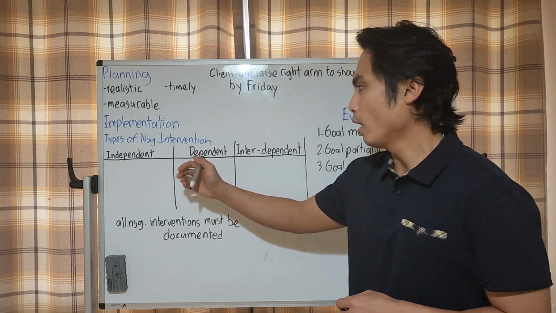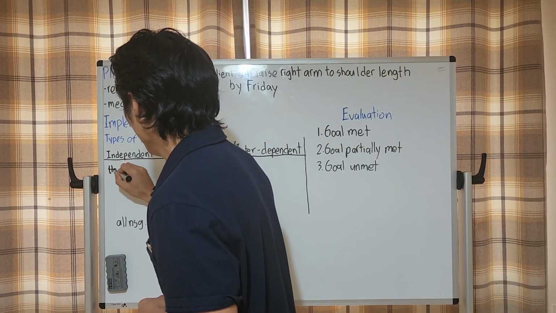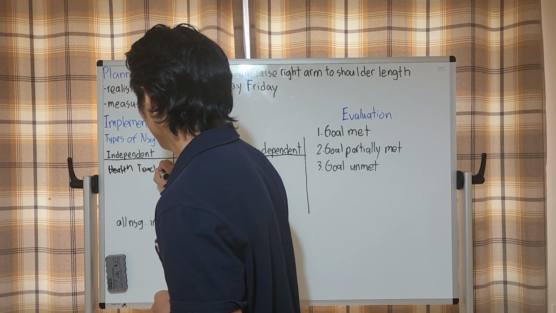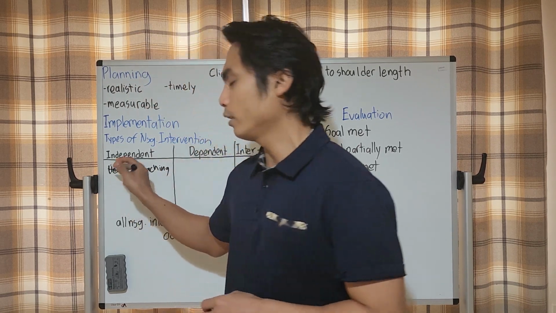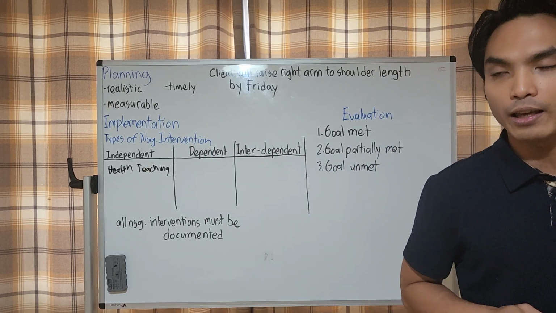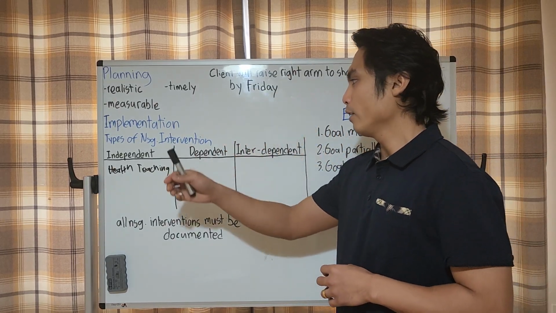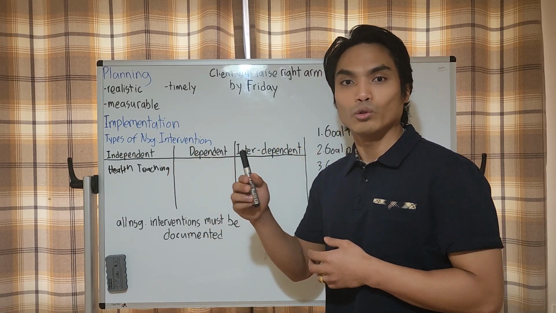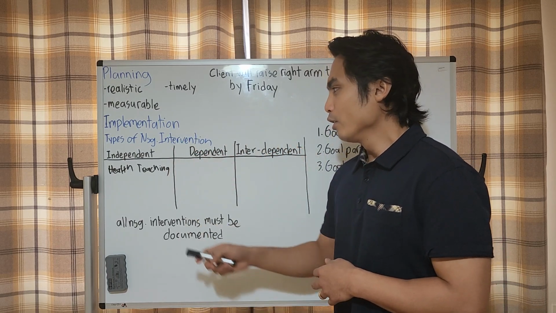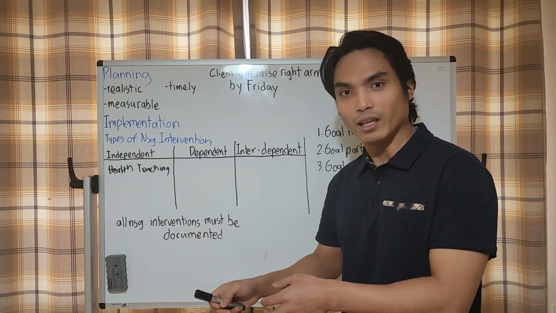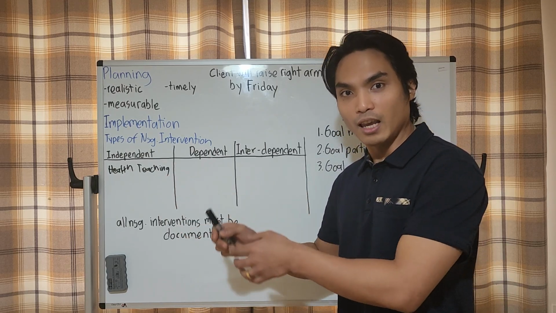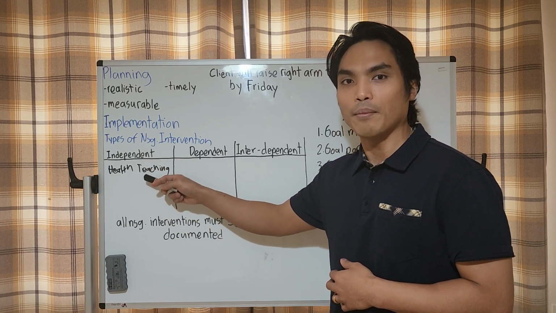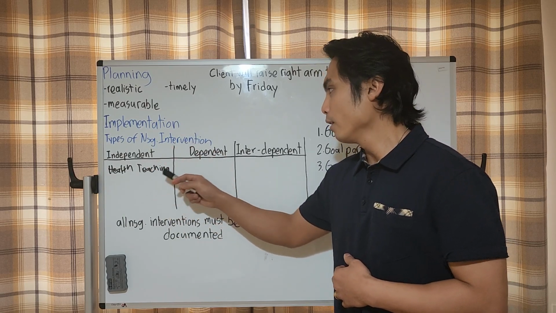So these are mainly health teaching. This is a very good example of your independent nursing care. You're teaching a client how to do deep breathing exercise, right? You're health teaching in a community about smoking cessation. So that is independent. The nurses can do them by themselves.